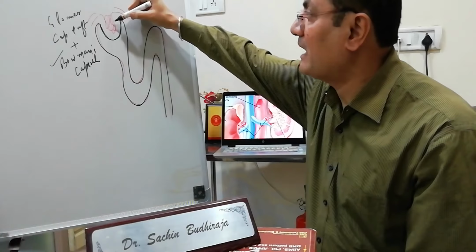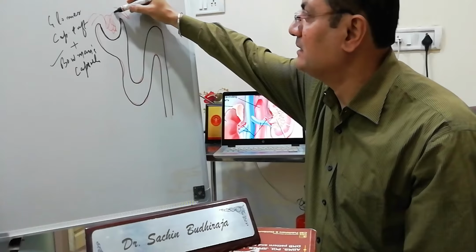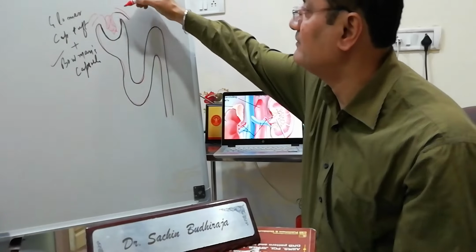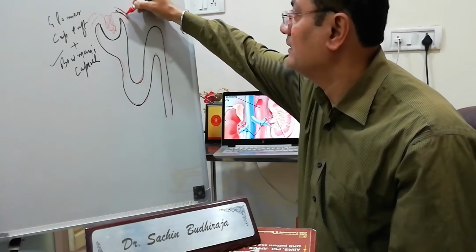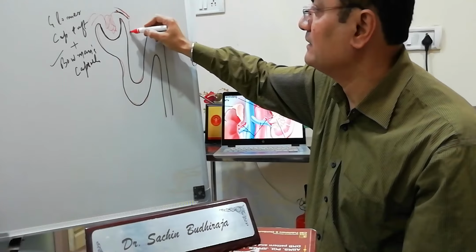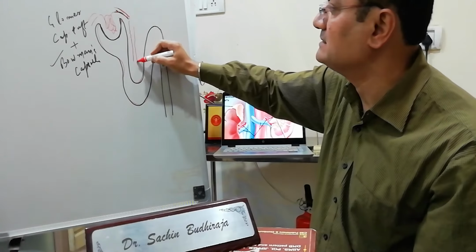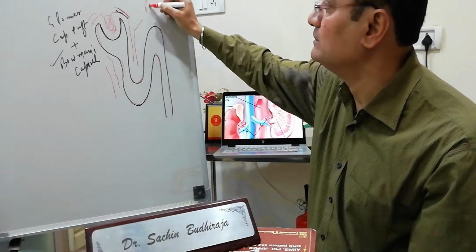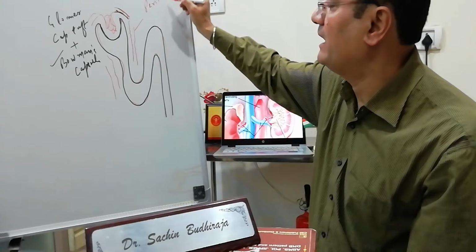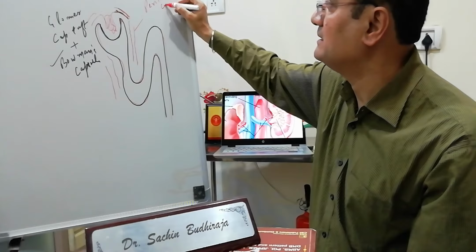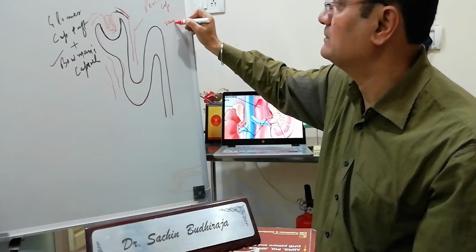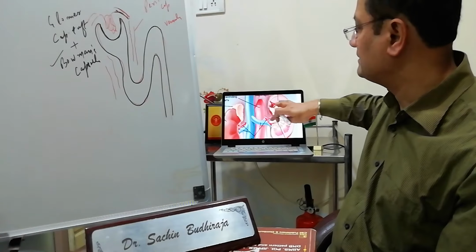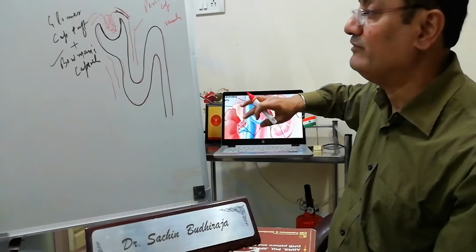So the glomerular capillary tuft ends into another arteriole, and that is basically this efferent arteriole. Now this efferent arteriole gives rise to another set of capillaries around the tubules, and this is labeled as peritubular capillaries. And then ultimately peritubular capillaries drain into venules and then smaller veins, and ultimately the blood comes out from the kidney at its hilum through the renal vein.